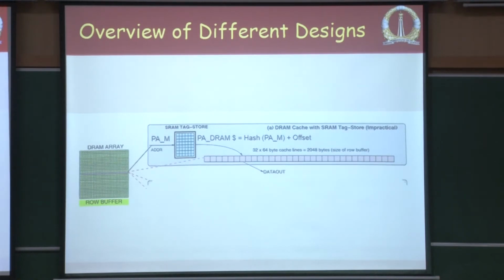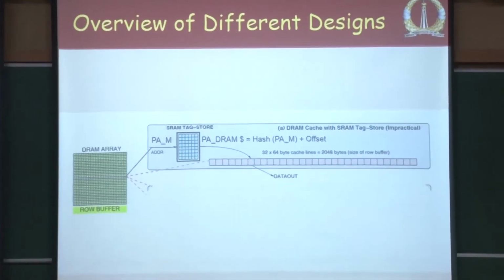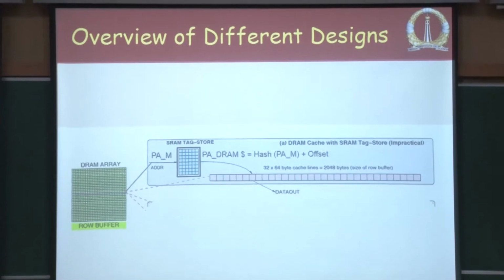That is the question, right. This is the same question which you would have asked for your L2 cache or for your L3 SRAM cache. You want to now ask the same question for your last level DRAM cache. The difference here is that there is a little bit more complication involved.